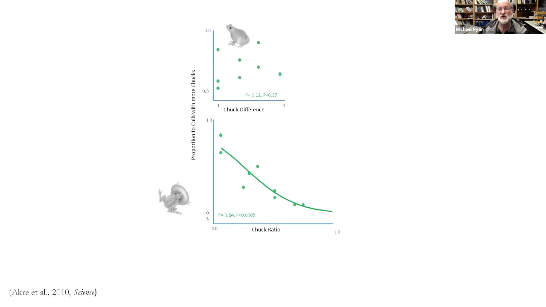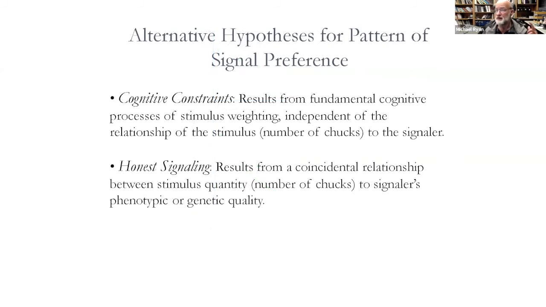So this leads to the question then, why are the females using Weber's law? There's two general possibilities. One possibility is that it's a cognitive constraint. This is the way that vertebrates compare magnitude, and it's a domain general function, and it did not evolve in the context of mate choice.